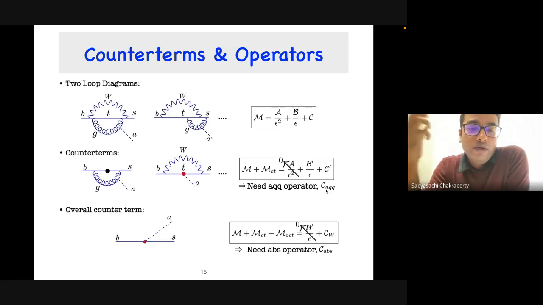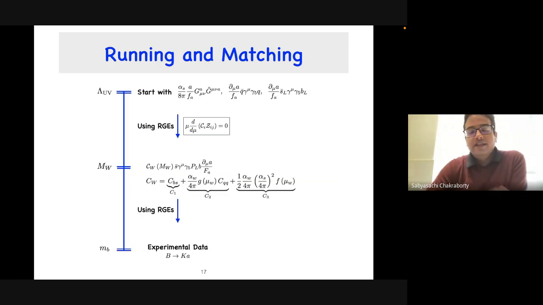Am I only considering axion G G-dual? What I'm trying to convince you of here is that I cannot have only a G G-dual. I need axion quark couplings, diagonal and off-diagonal, to make sense of the theory, to get rid of the divergences. Therefore, even if I start with G G-dual, I need all the three operators.